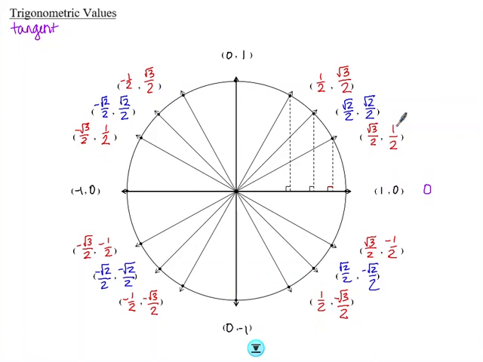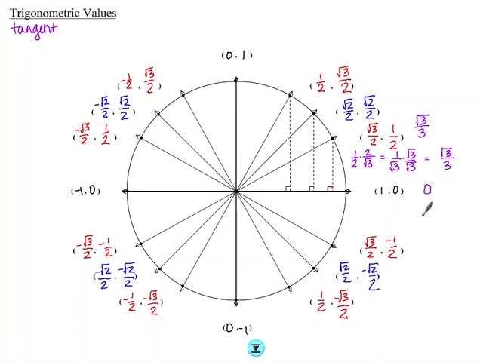Next, you have 1/2 divided by square root of 3 over 2. So you have 1/2 times the reciprocal, which is 2 over square root of 3. This gives us 1 over square root of 3, and if we rationalize the denominator by multiplying by square root of 3 over square root of 3, we get square root of 3 over 3 as our tangent value for this first angle of pi over 6.